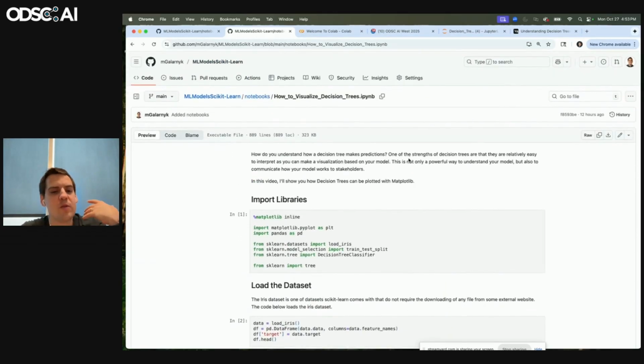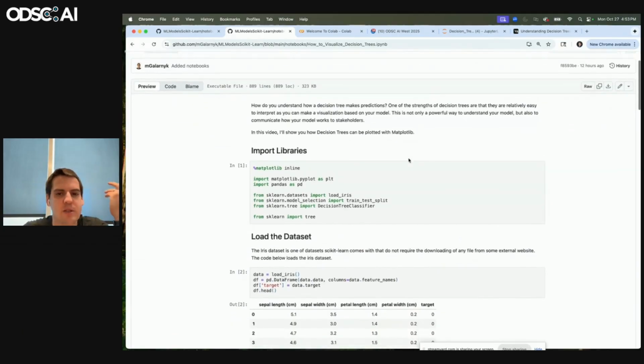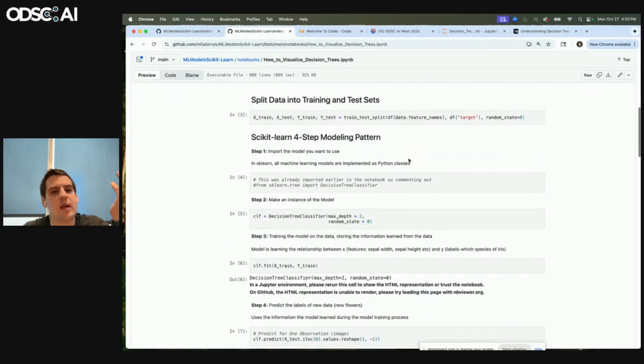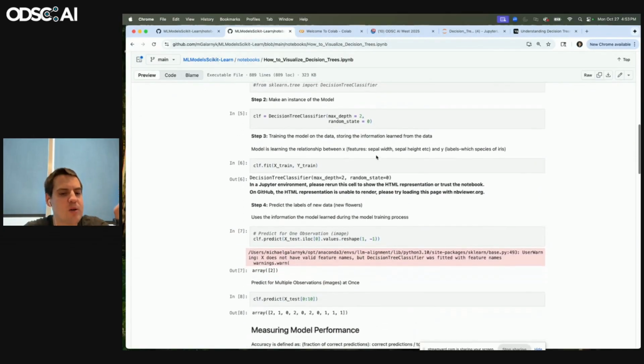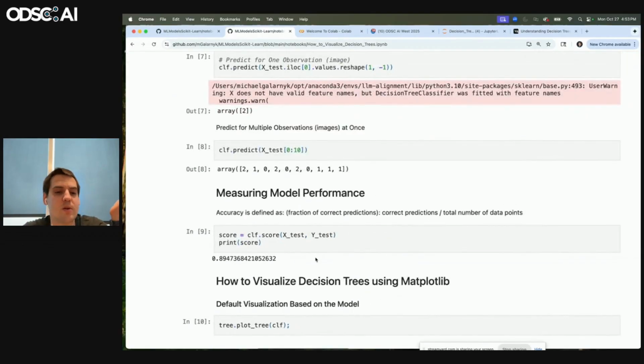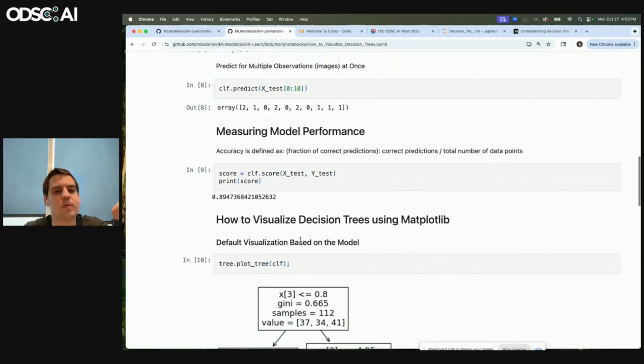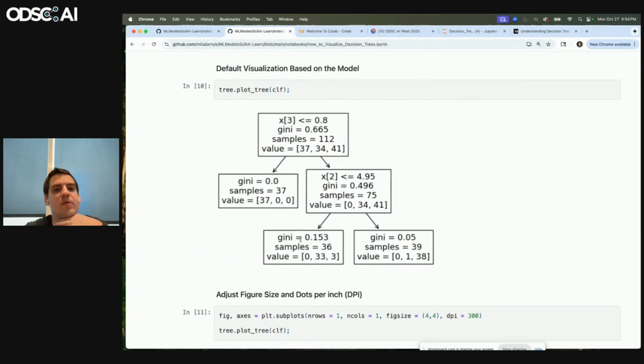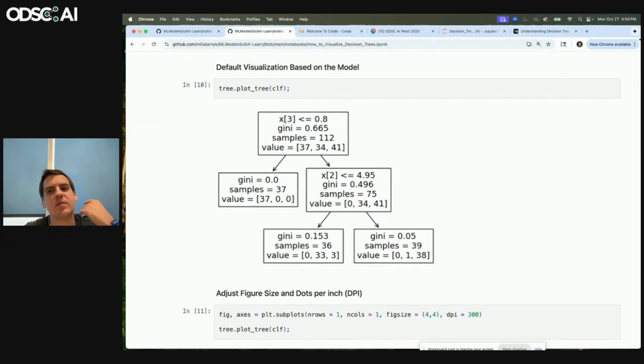So we went over the iris data set, which is very, very simple, and we basically created models that would then lead to predictions. But one thing you could do is visualize decision trees using Matplotlib. For a lot of you, I think this is very useful.